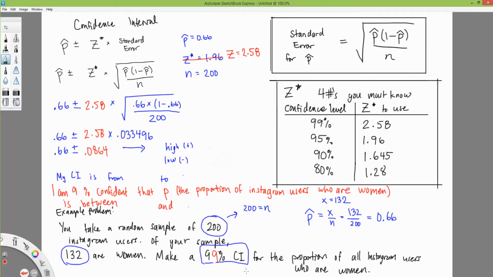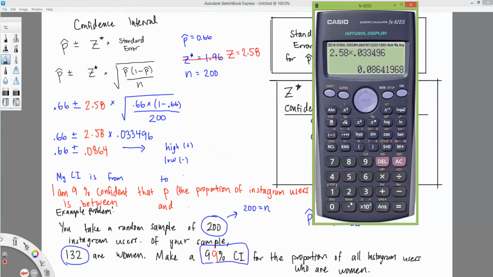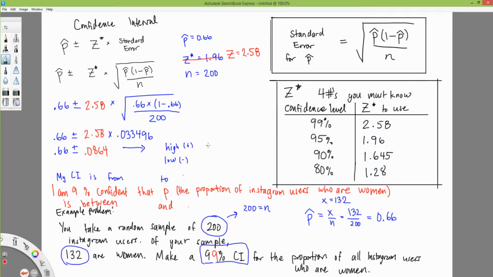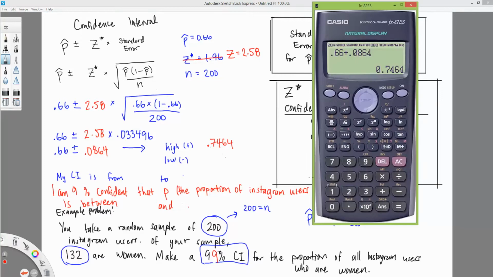So I have 0.66 plus 0.0864, and that takes me to 0.7464. And then I do 0.66 minus 0.0864, and I get 0.5736.